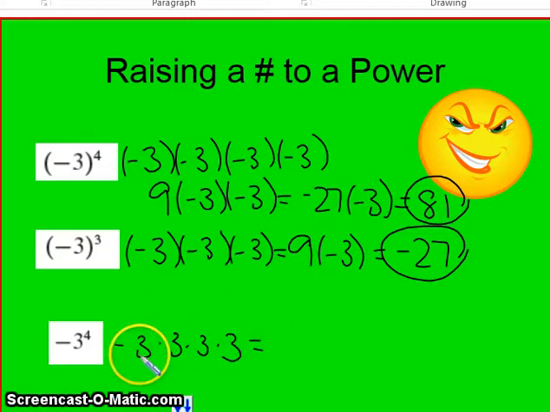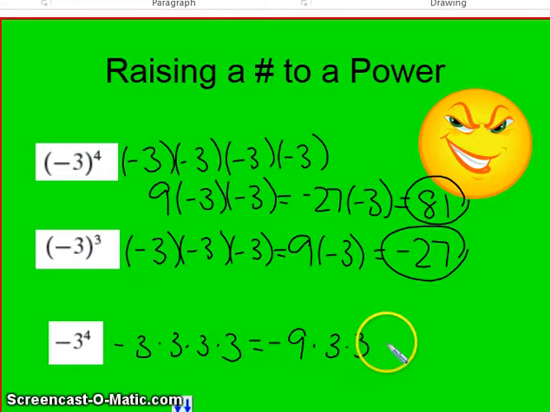Now when we do that, we've got that negative on the outside, and we've got 3 times 3, which is 9, and then we've got those two other 3's out there. We'll simplify that further. We've still got that negative out there. 9 times 3 is 27.